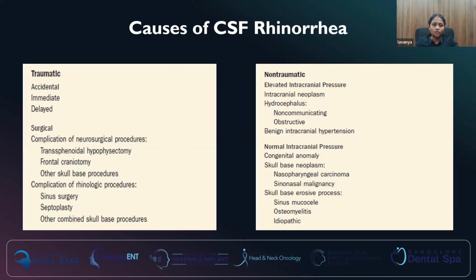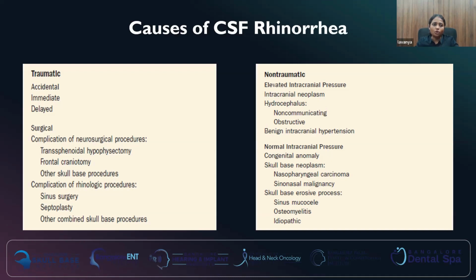When we're talking about surgical complications causing CSF Rhinorrhea, generally two different procedures are involved: neurosurgical procedures and rhinological procedures. In neurosurgical procedures, there is transsphenoidal hypophysectomy, any approach to the frontal craniotomy, and other skull-base approaches. When we're talking about rhinological procedures, we are looking at endoscopic sinus surgery, septoplasty, and other skull-base procedures.